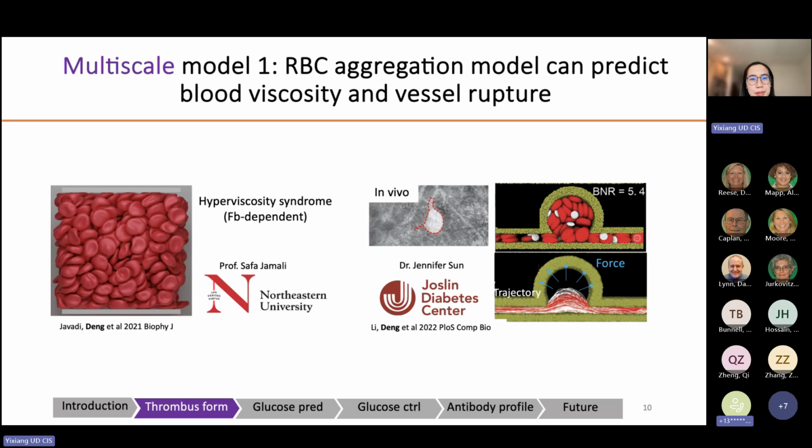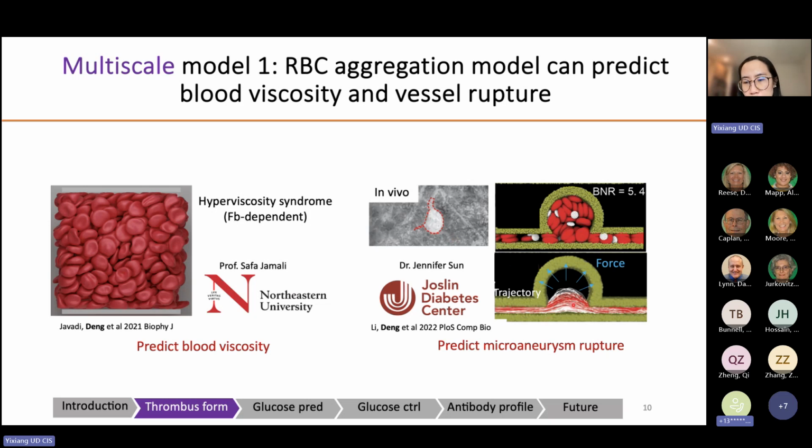So this is a very exciting benchmark for our red blood cell aggregation model, and further employment of this model has been shown to be valid to predict blood viscosity in hyperviscosity syndrome, collaborating with our collaborator at Northeastern University. And by collaborating with our collaborator at Joslin Diabetes Center, we also employ it to simulate the cell behavior in the very irregular geometry represented by the microaneurysm in patients with diabetic retinopathy.